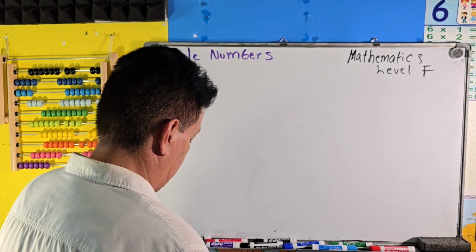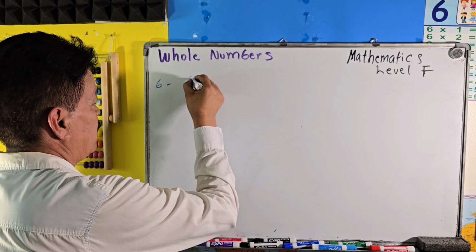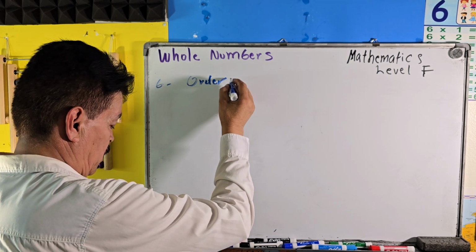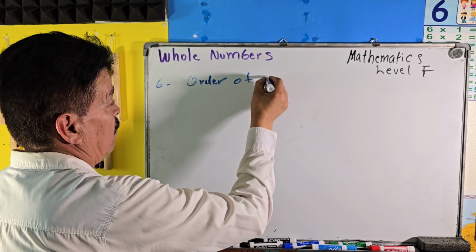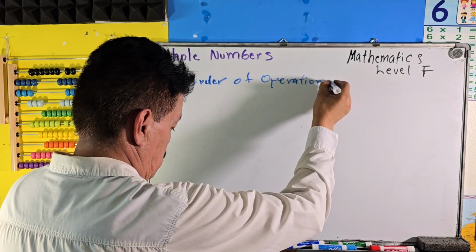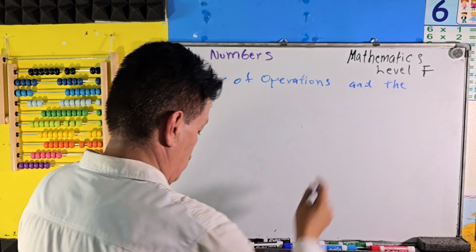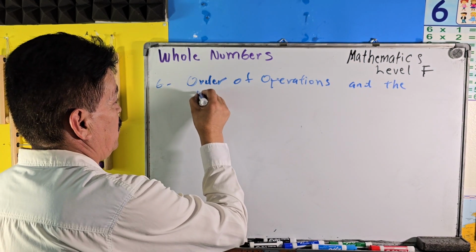Next section, number 6, we have to write the order of operations and the distributive property.